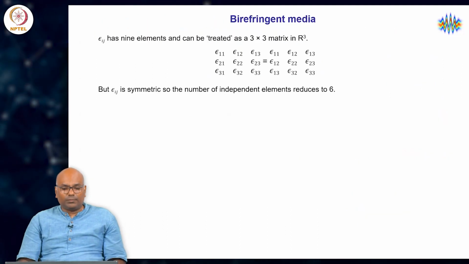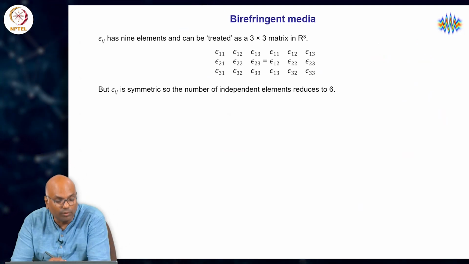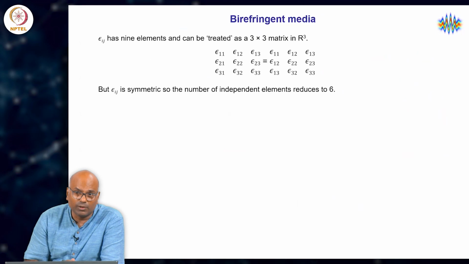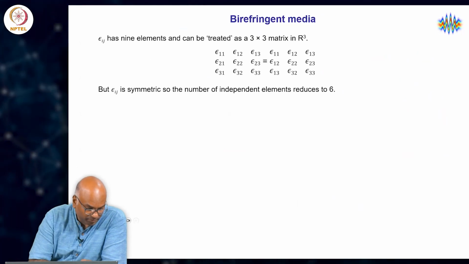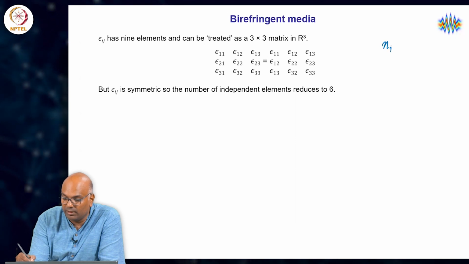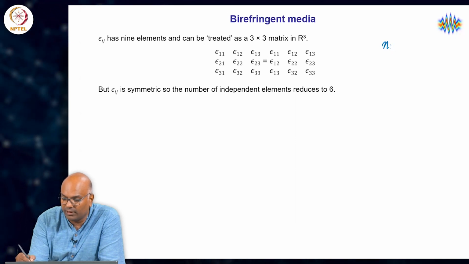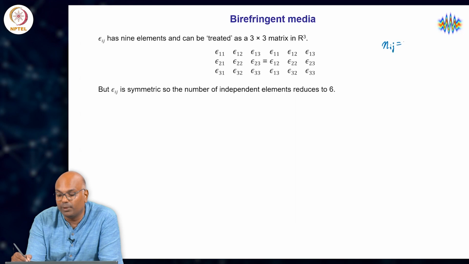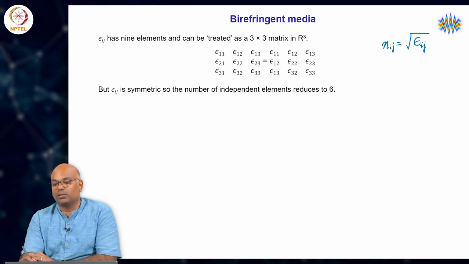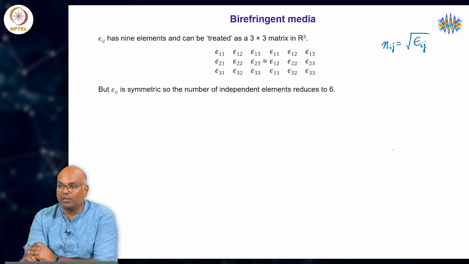Now, as I earlier pointed out, just as with chi ij, the rest of the discussion we will do in terms of epsilon ij, keeping in mind that n, the real part of the refractive index, is the square root of epsilon ij.